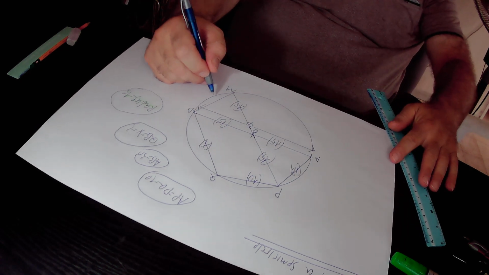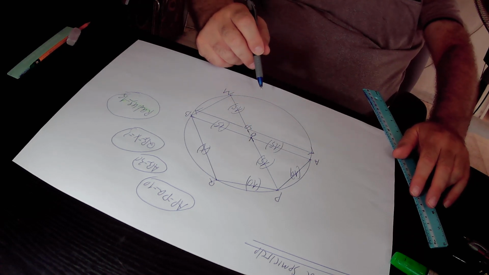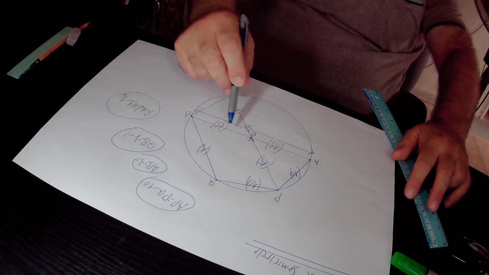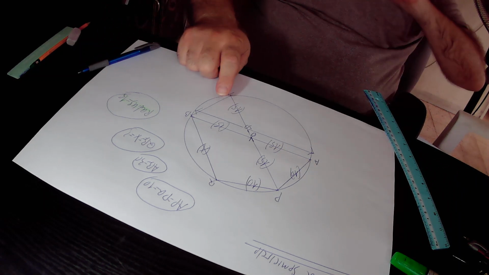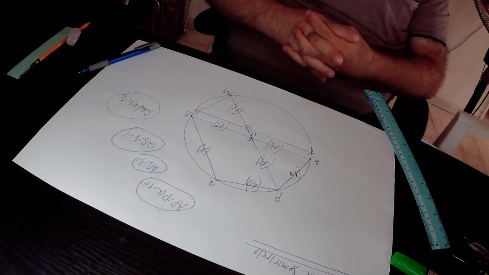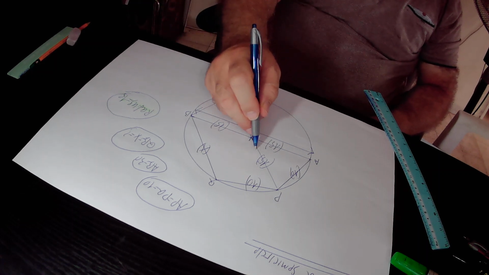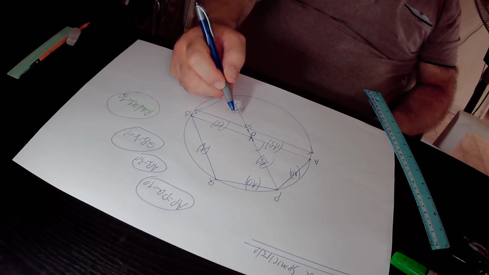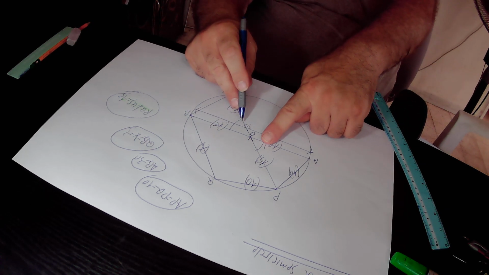And we will prove that this triangle APO is congruent to this triangle MOB. But before that, those two angles are defined as vertical angles, and we know that vertical angles are equal to each other.